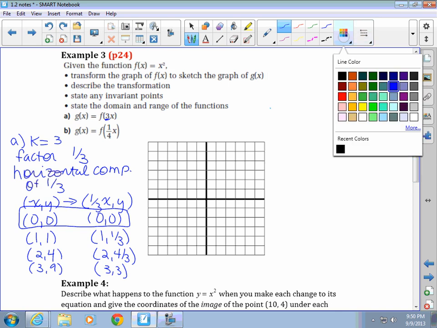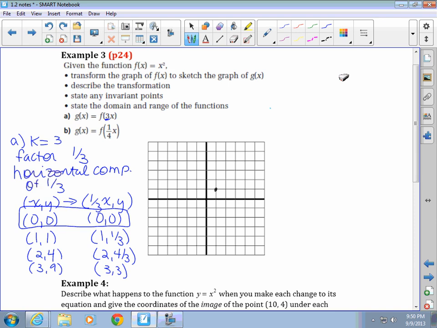We do our initial function, 0, 0, 1, 1, 2, 4, graph those. So then our f of 3x means that we're going to affect our x coordinate.